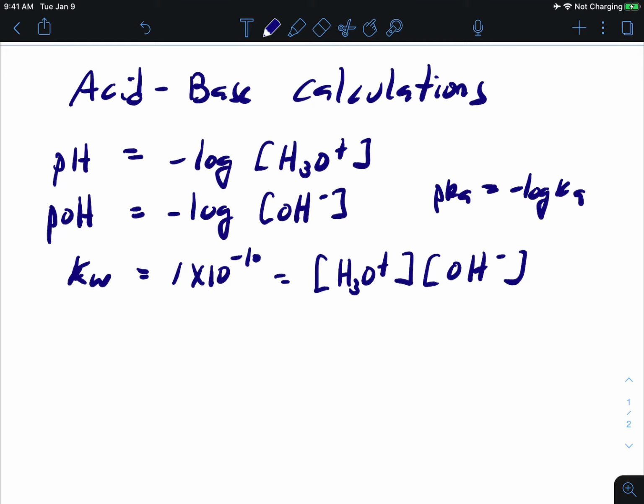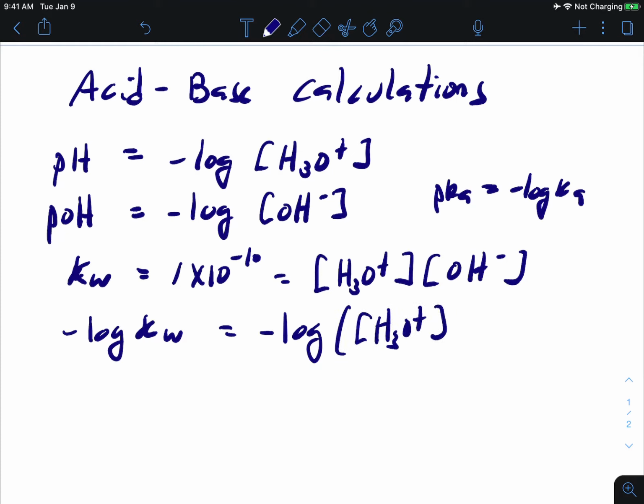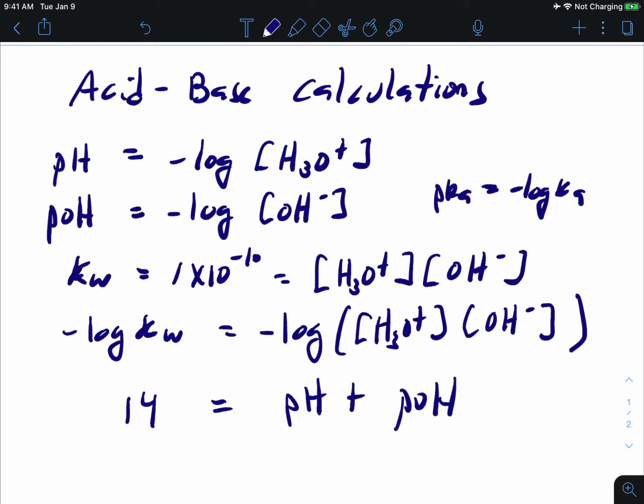As a result of taking a negative log of this, we wind up with the negative log of Kw, which is 10 to the minus 14, is equal to the negative log of the H3O positive concentration times the OH minus concentration, which ultimately gives us 14 is equal to pH plus pOH.